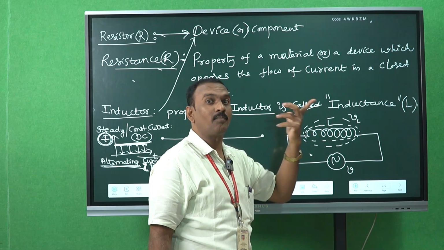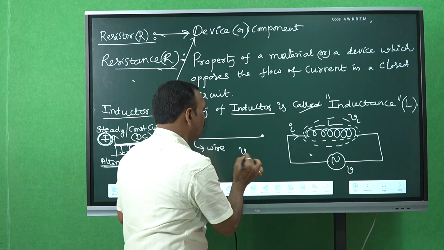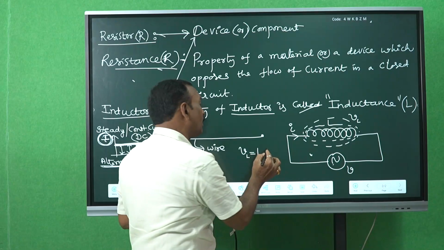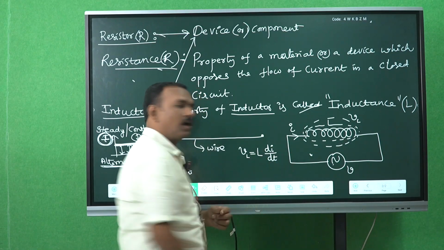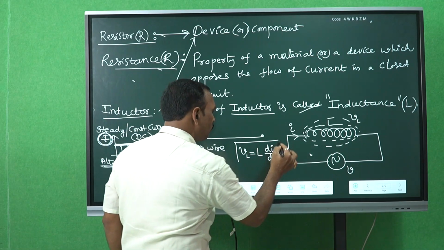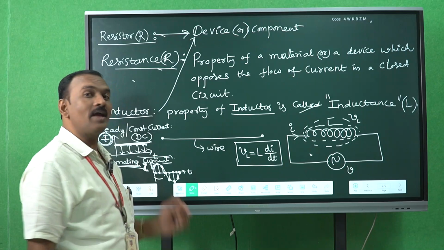What is that amount of induced EMF? The induced EMF VL is equal to L into the rate of change of current. Voltage induced across the inductor, VL, is equal to L into di by dt.